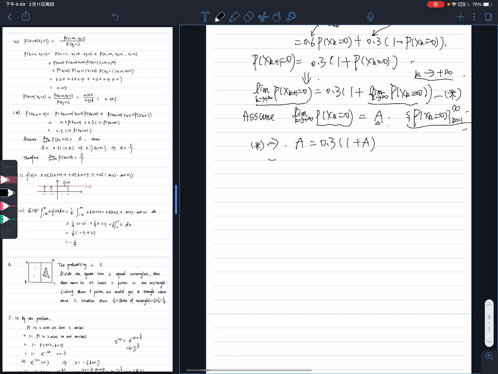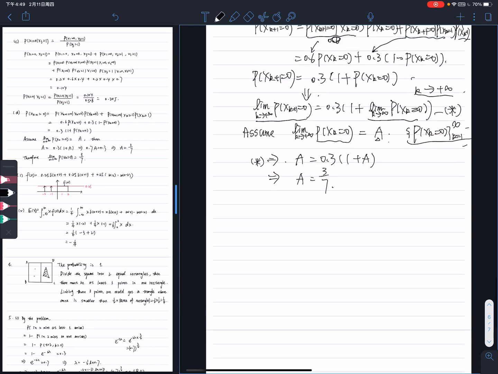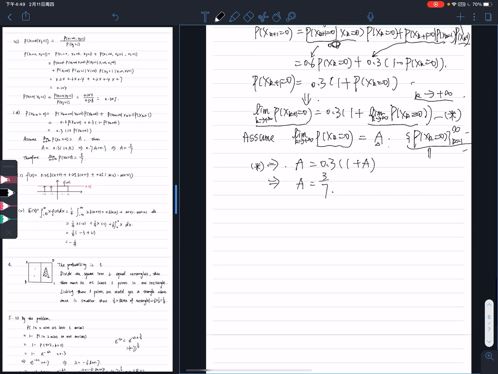Solving this equality, we get a equals 3/7. So we already solved this problem, and the limit of this series is 3/7.